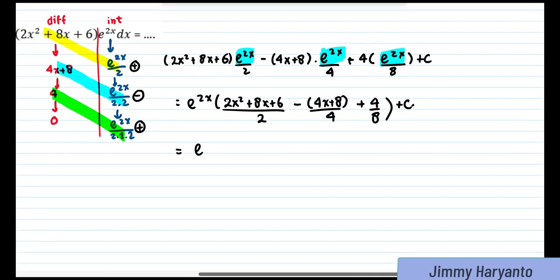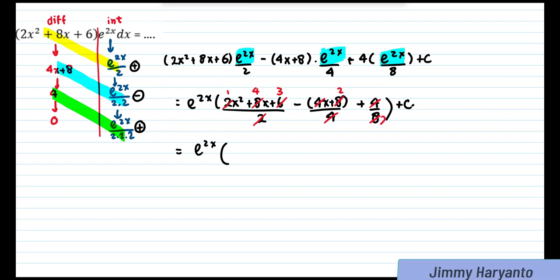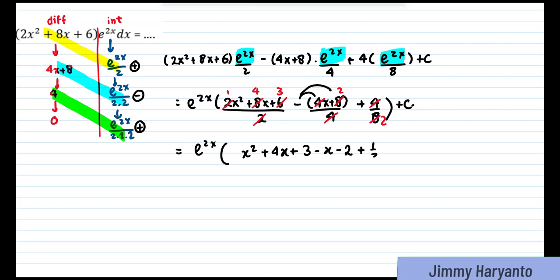And then the next thing you have to do is to simplify. This one will become 1, 4, and 3. For this one you will have 1 and 2. For this one is half. Okay, let's add them together. x squared plus 4x plus 3 minus x minus 2, and then plus half, and then plus c.